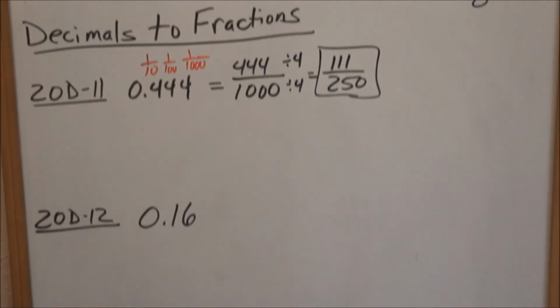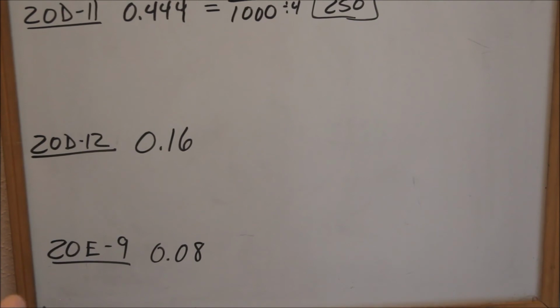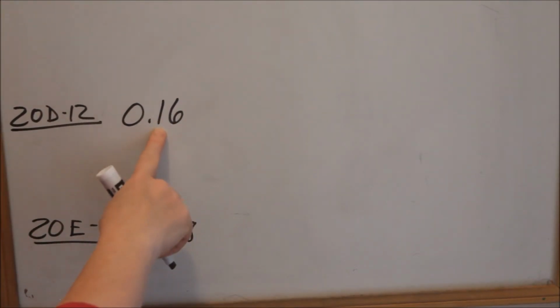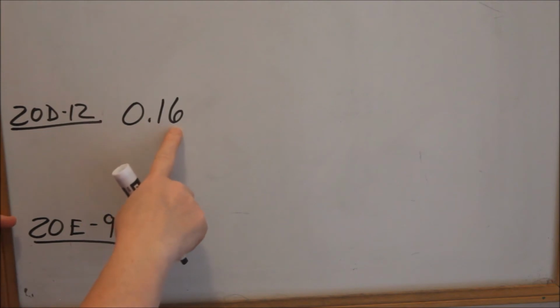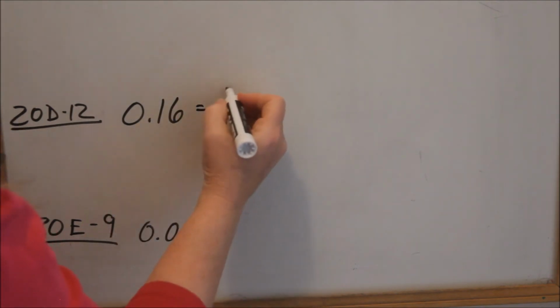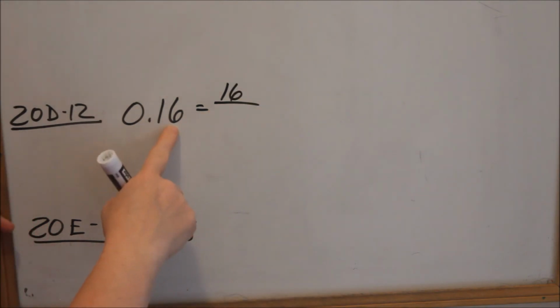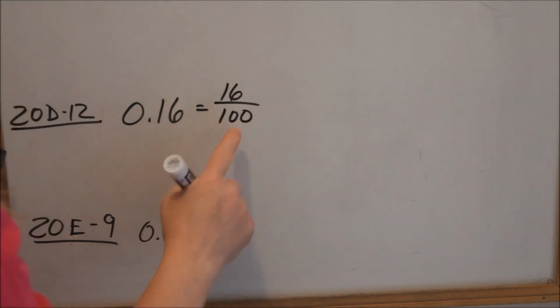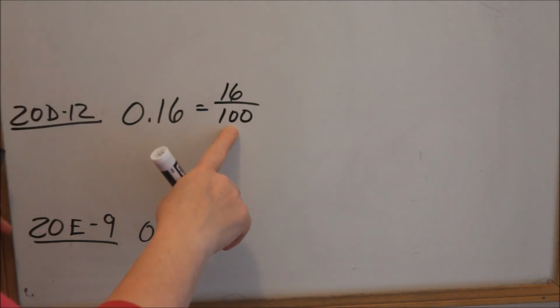Now look at 20D number 12, 0.16. Well, this first place value is your tenths, then this is your hundredths. So to turn it into a fraction, you just take these numbers, 16, and then the hundredths place value, over 100. So this says 16 hundredths.